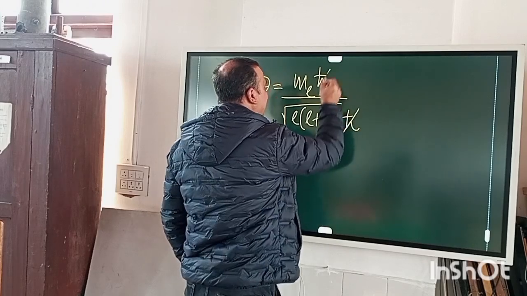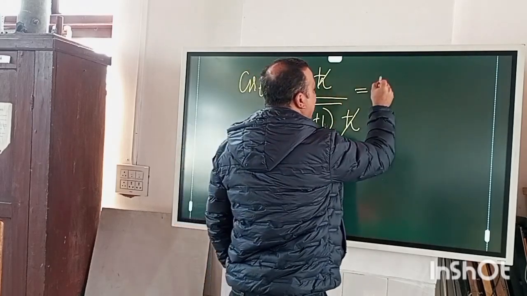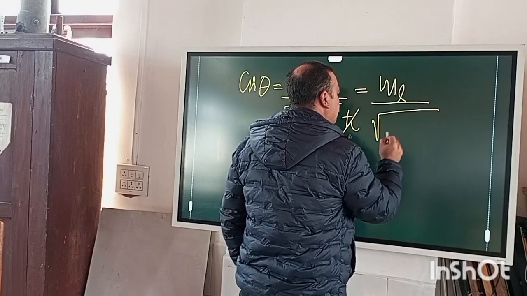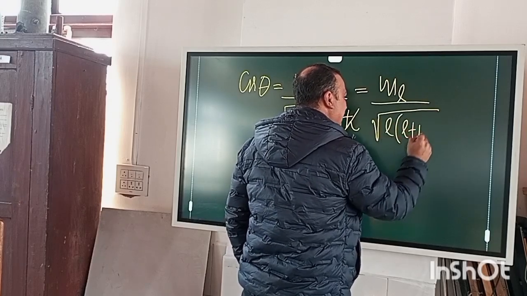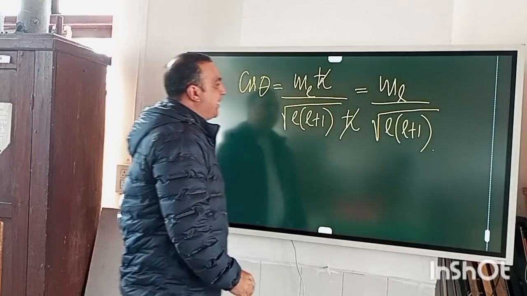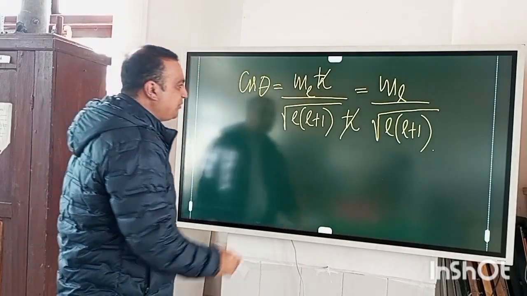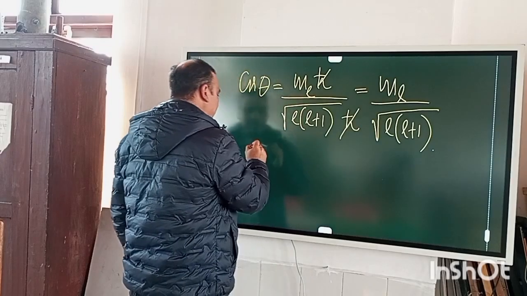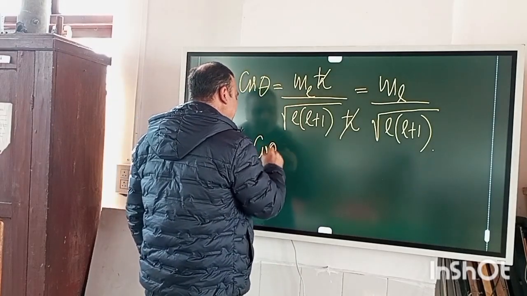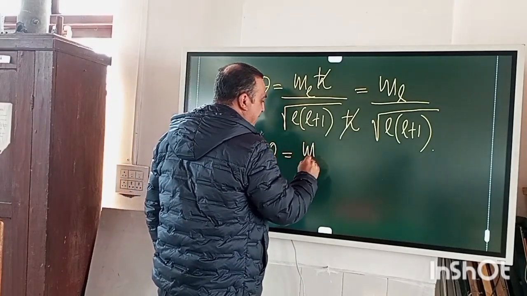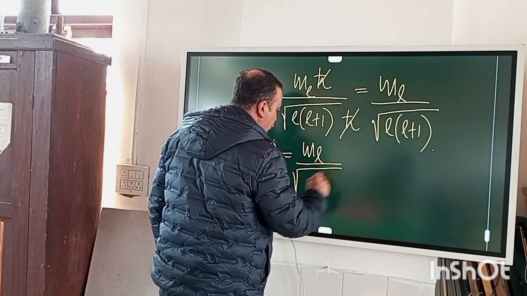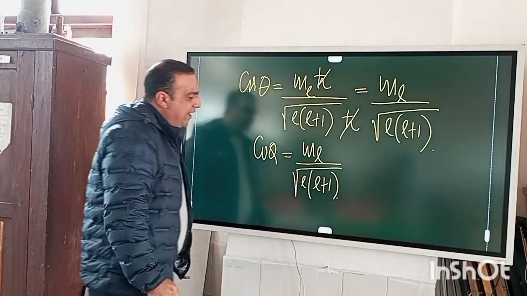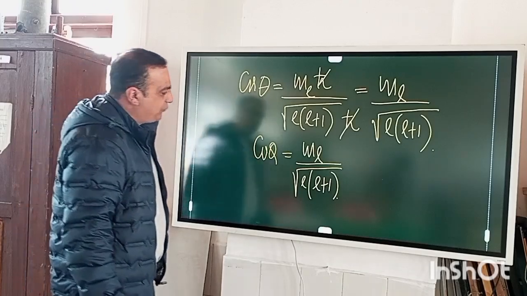And this h bar and h bar can be cancelled, and we will have m_l divided by the square root of l times l plus 1. Now, the question arises here, we have m_l. So if I write down this equation as cosine of theta is m_l by the square root of l times l plus 1.